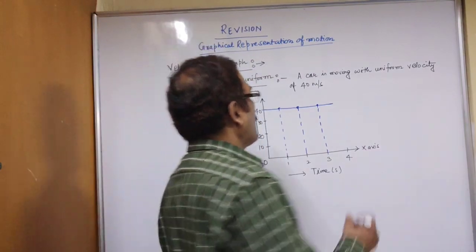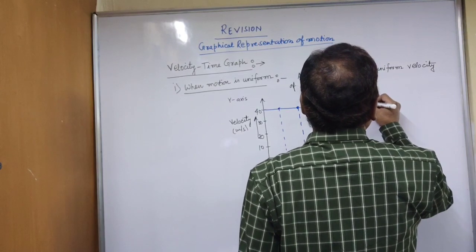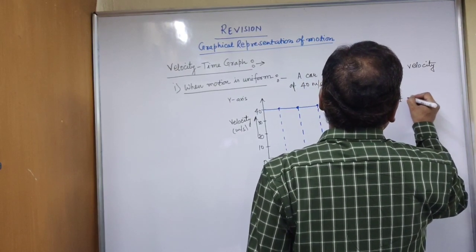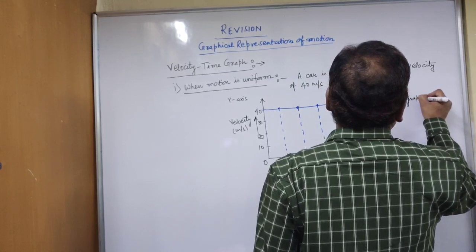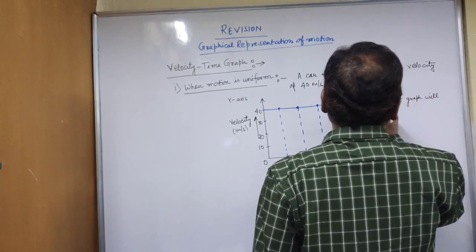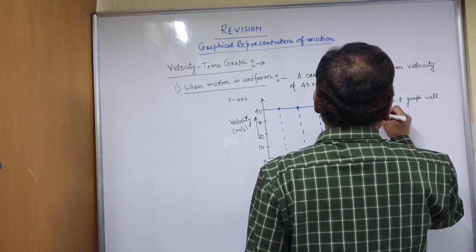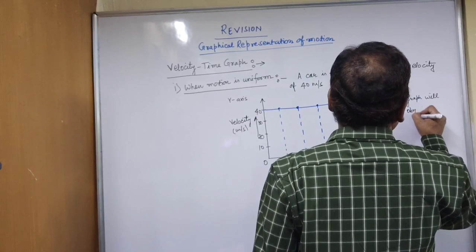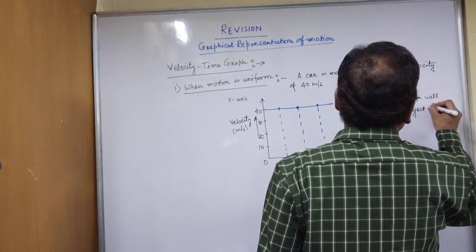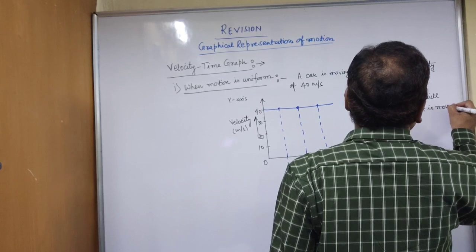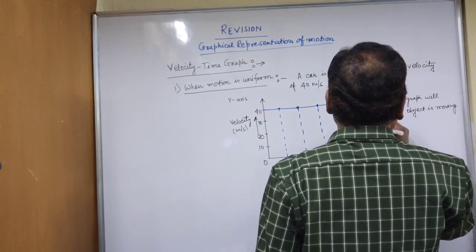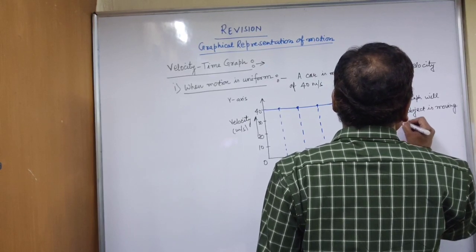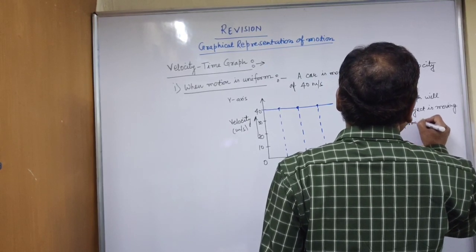So you will write: height of VT graph will not change if object is moving with uniform or constant velocity.